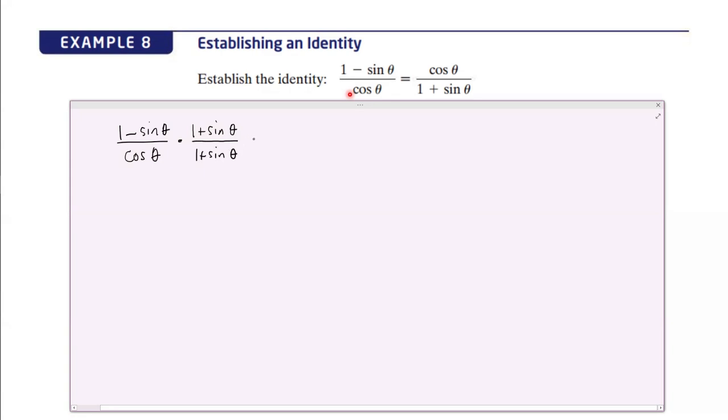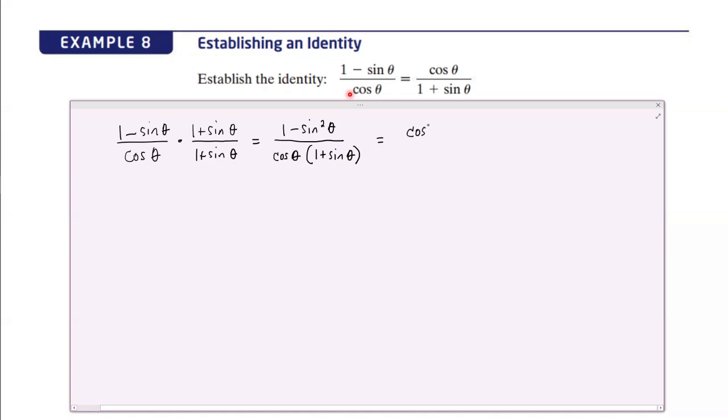Okay, and where will that take me? All right, so this is a factored difference of squares of 1 squared minus sine squared theta. So I'm going to rewrite that as 1 squared, which is just 1, minus sine squared theta. And then here I've got cosine theta times 1 plus sine theta. Okay, and if I rework the Pythagorean identity, I can think of the cosine squared theta as 1 minus the sine squared theta.